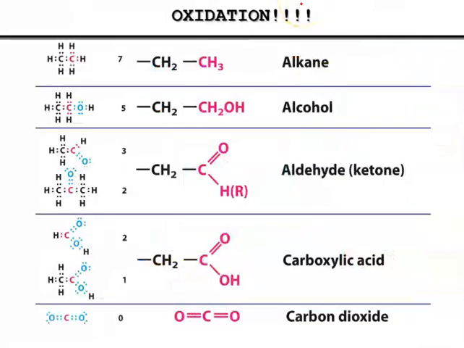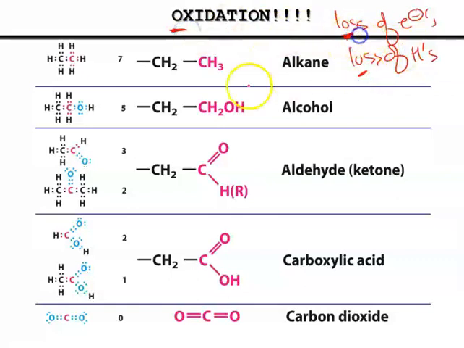A little bit of a review here because you did this in your homework, so you should understand this concept, and I think that you do get this concept at this point. So oxidation: loss of electrons, loss of hydrogens. So oxidation means loss. And the carbons in glucose become oxidized through the process of glycolysis.